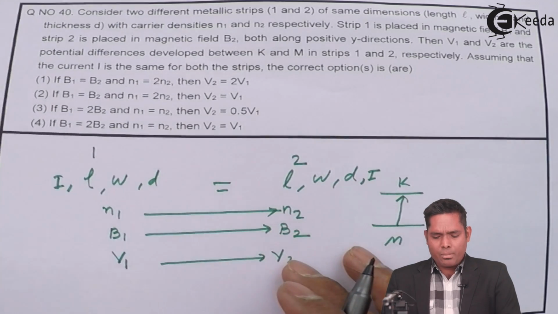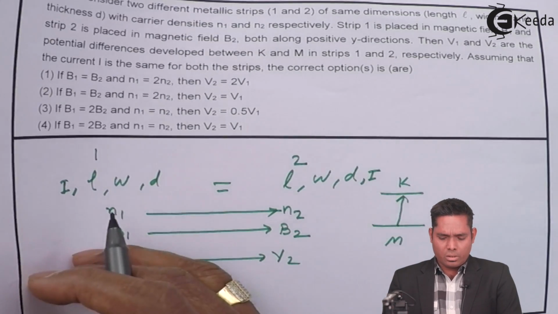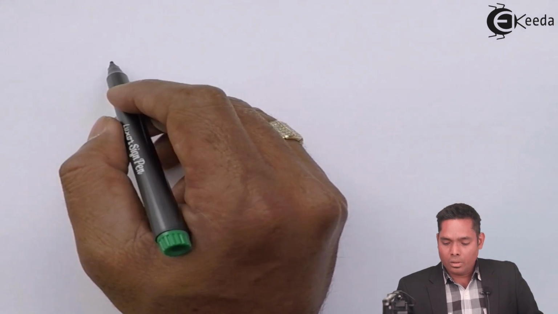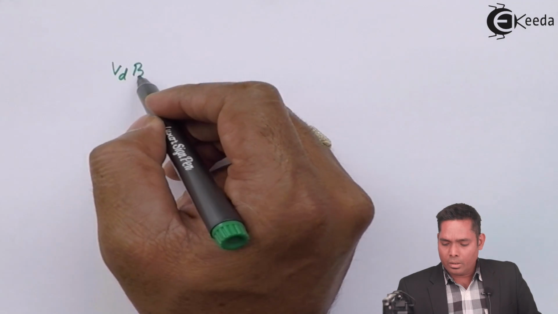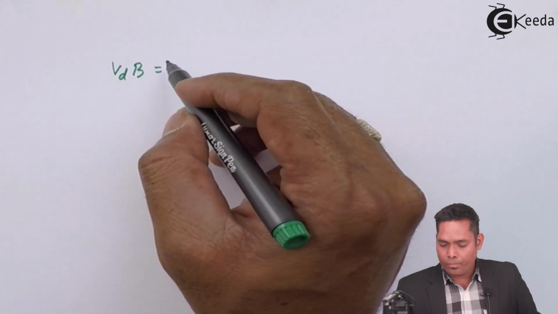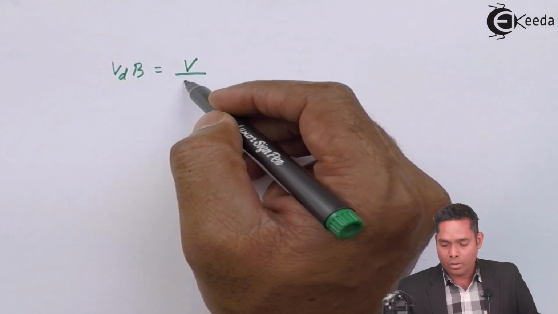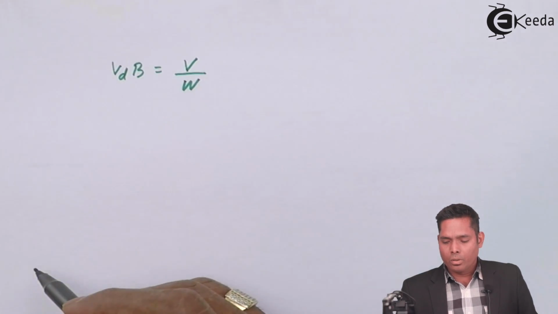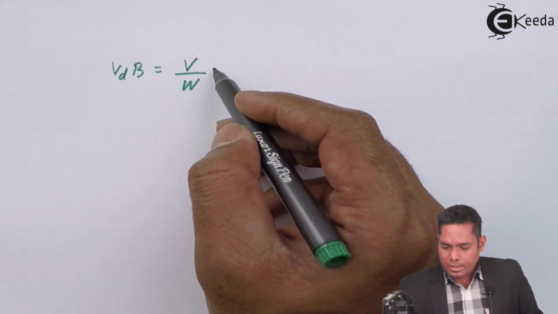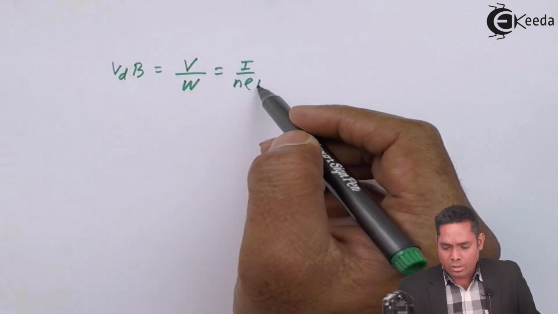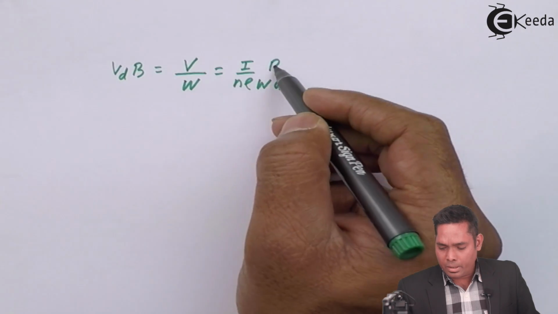Last time we got the relation: V D by B equals the potential difference divided by the width W. Now V D is I over N E A, where A is W into D, and B is there.